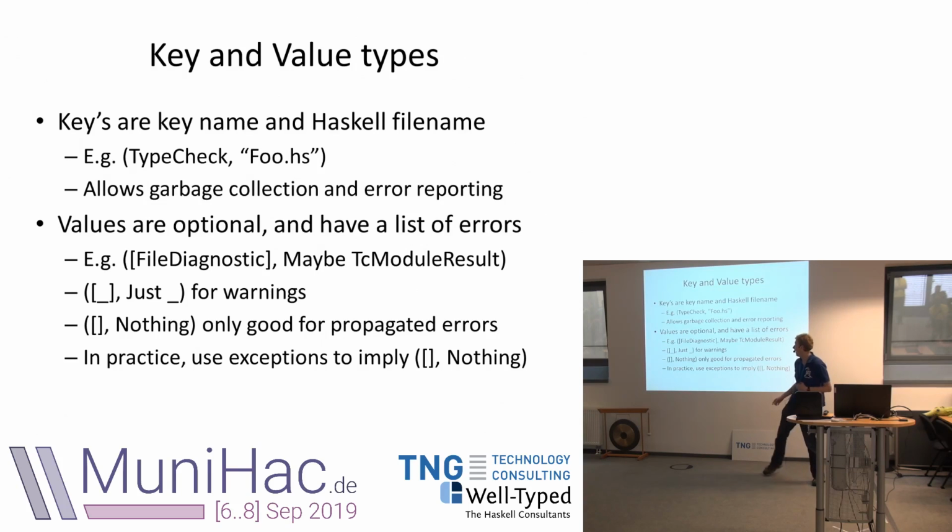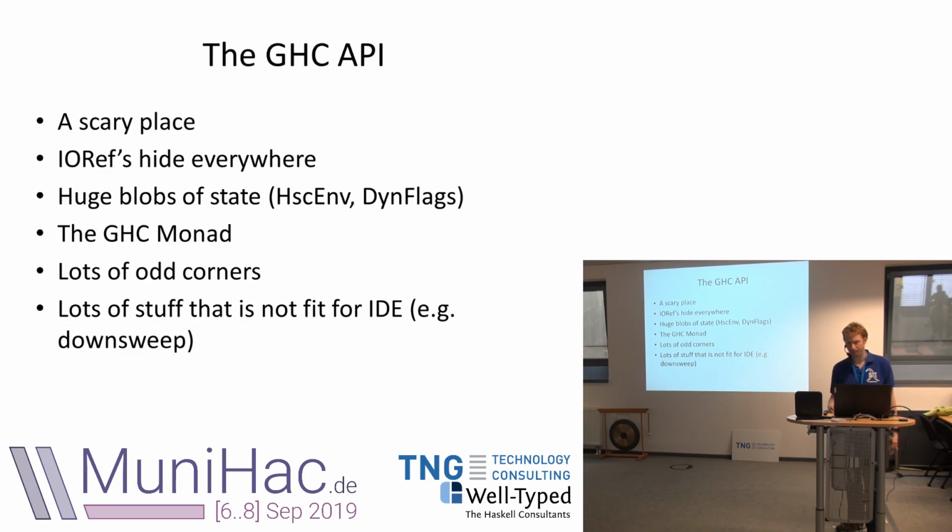If you say there are no errors and no result, that would be a bad thing if no one else is reporting errors for this file, because suddenly the user's got a failure and they don't know why. But that's the way you would propagate a dependency failed. And in practice, we use exceptions to imply this value, and then we propagate them up and catch them and turn them into this. So yeah, that's a key innovation.